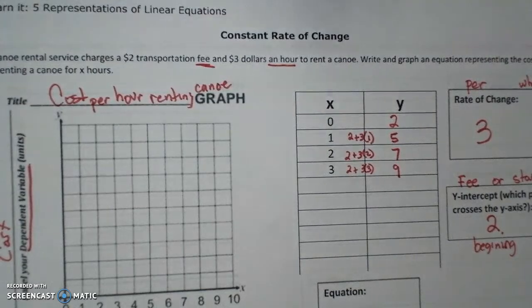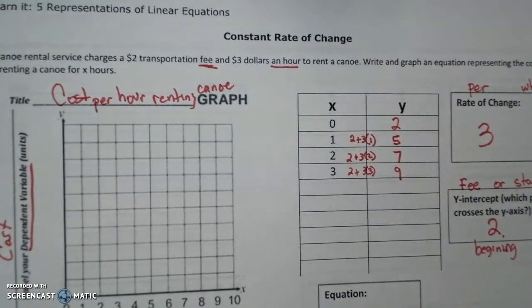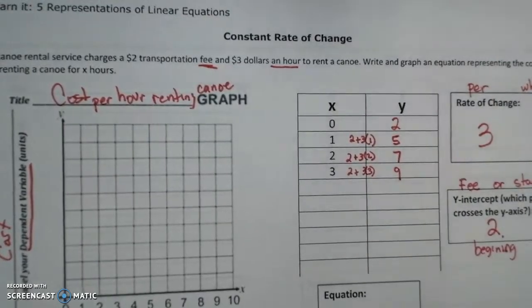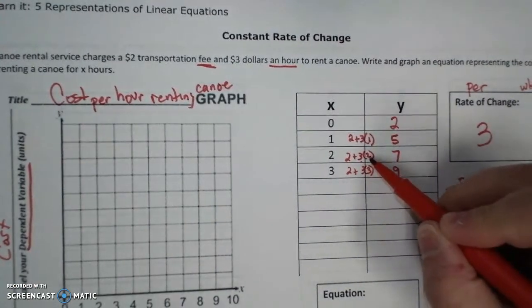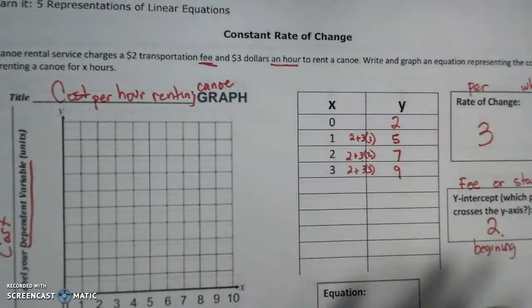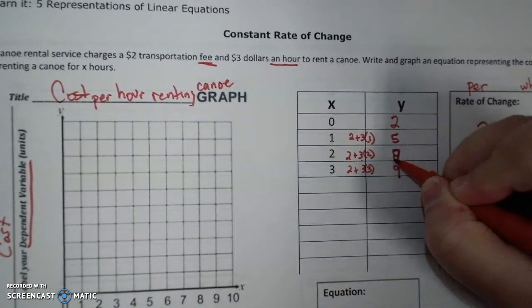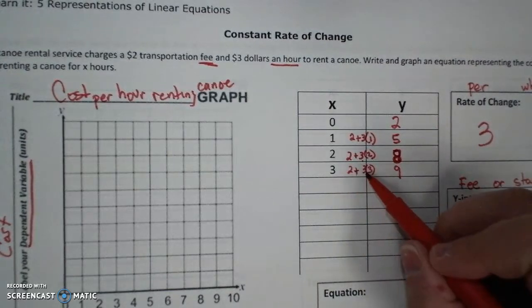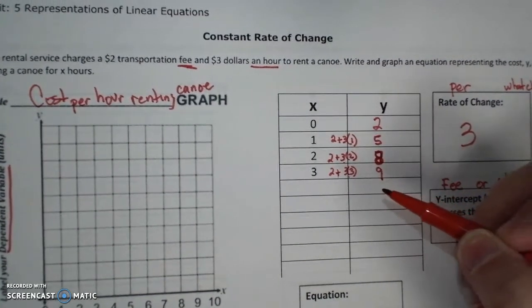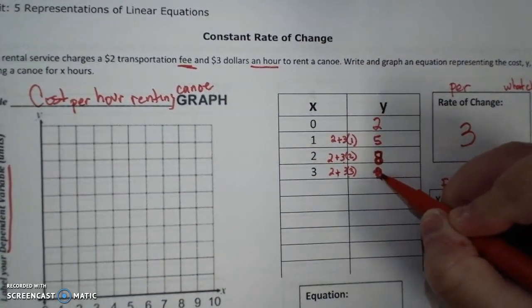I messed that up. Man, I would have gotten a phone call from my buddy today. Oh, where is my whiteout? I can't find my whiteout. I'm going to have to use my scribble out. Okay, 3 times 2 is 6. 6 plus 2 is 8. Good thing I caught that early. And then 3 times 3 is 9. And 9 plus 2 is 11.